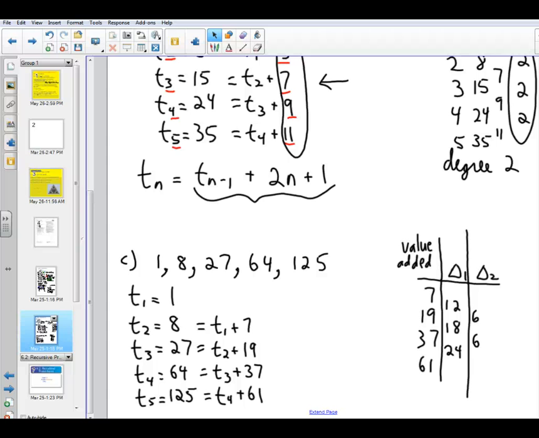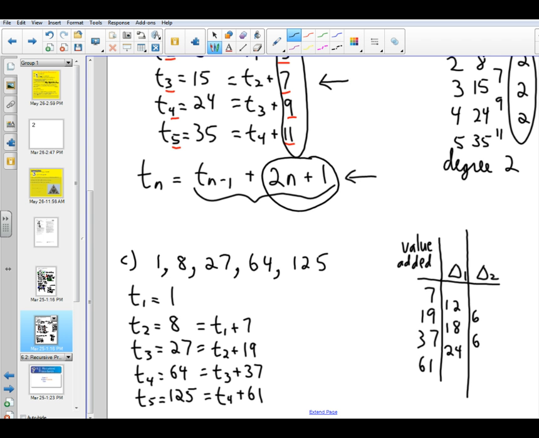And so here we have a case where we're going to have to revisit that a quadratic sequence produced a term recursive rule which took the previous term and added a linear expression.